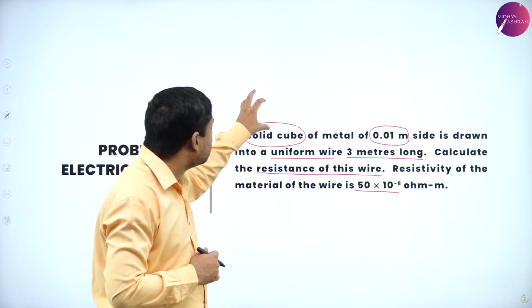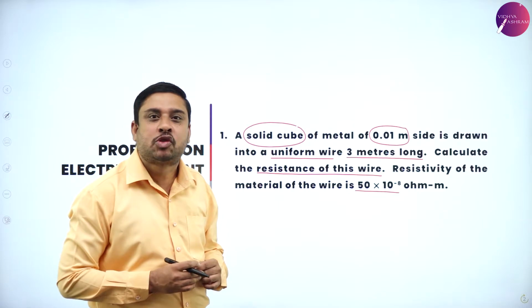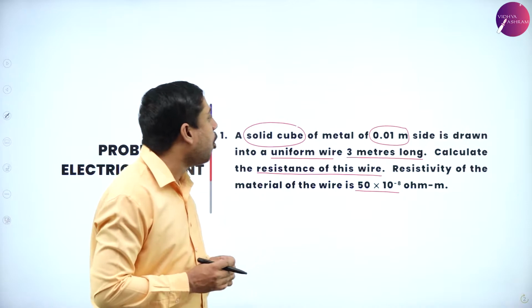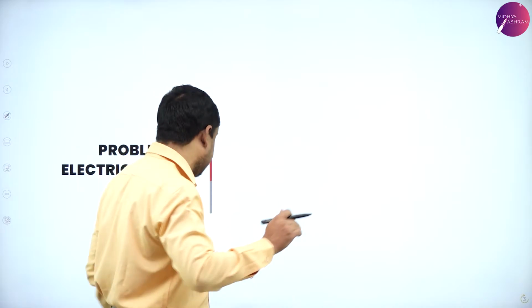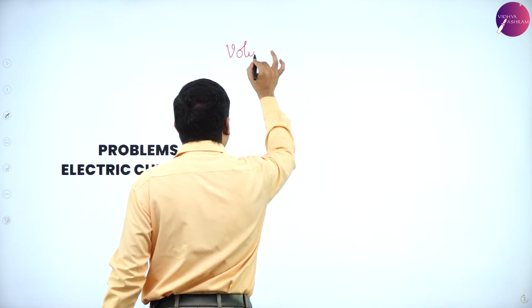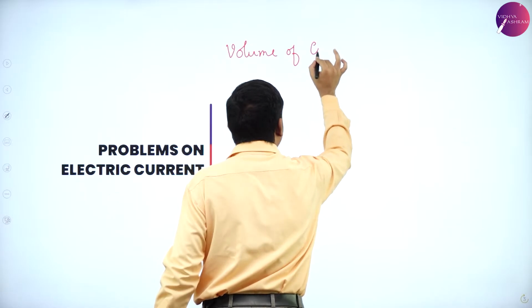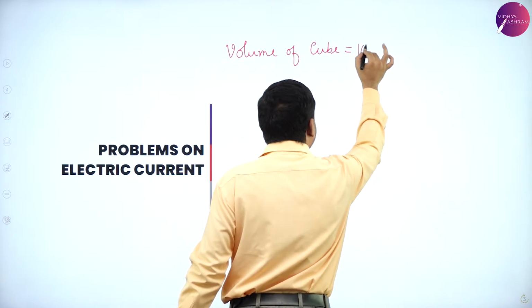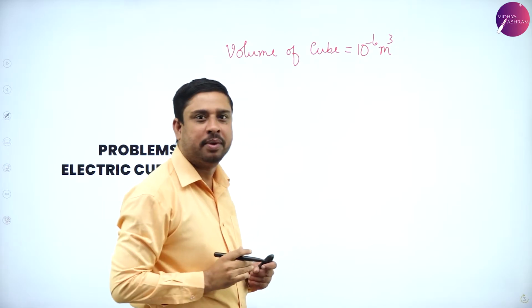Here there is a solid cube, and this solid cube has side 0.01 meter. Therefore, first I'll write down the volume of the cube. Volume of the cube is 10 power minus 6 meter cube.